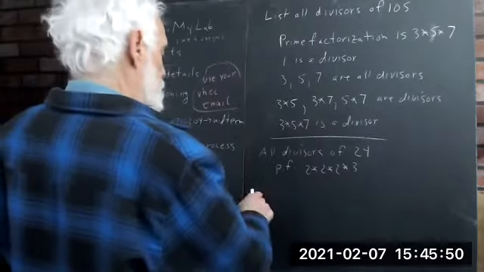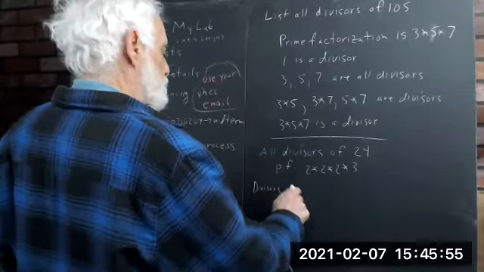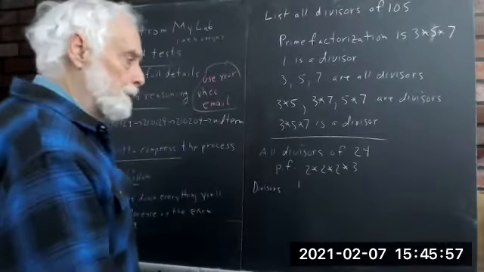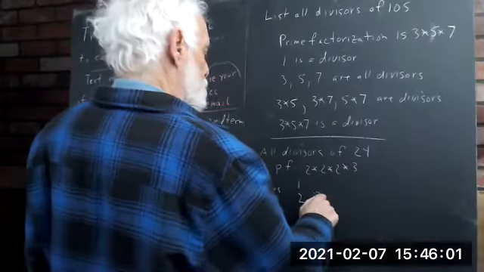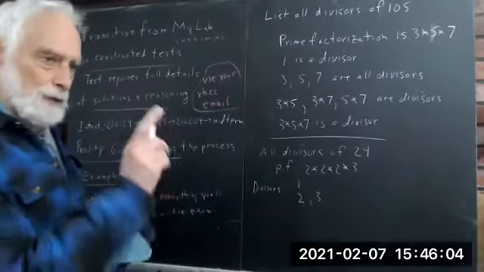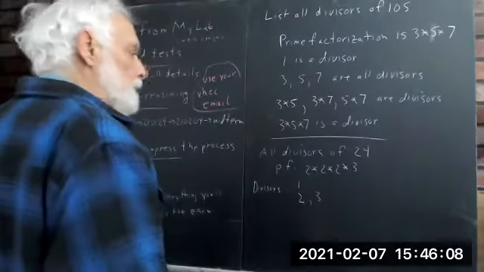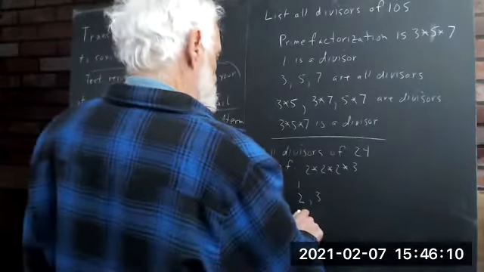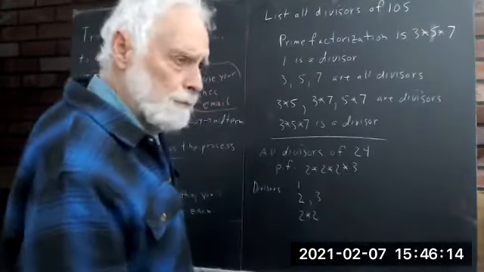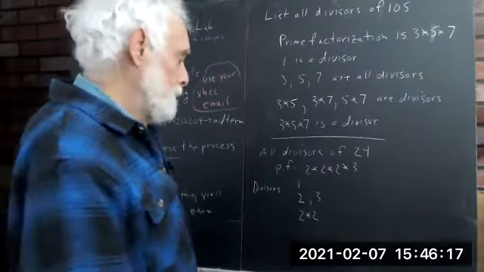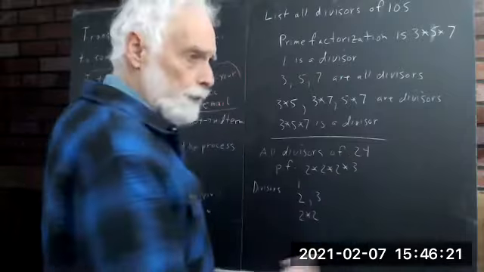Okay, so your divisors, you have 1, and you have 2, and you have 3. These are single products of single divisors, but then you have 2 times 2, because every one of these counts. Okay, 2 times 2, that's 4, and clearly 4 goes into 24.